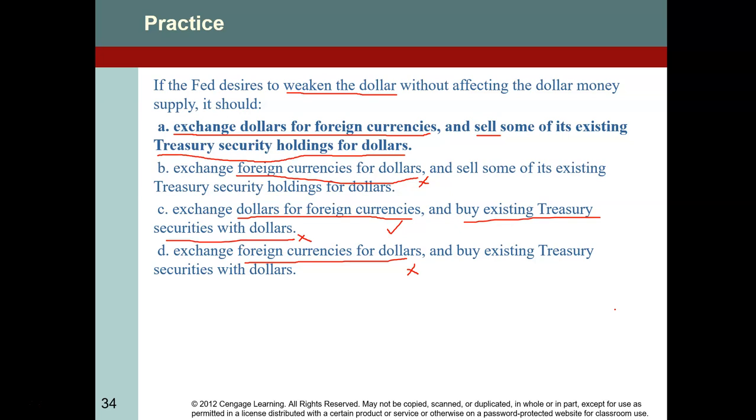We also discussed direct intervention, including non-sterilized and sterilized intervention of the government, to affect the exchange rate and the money supply. So this is the first part of chapter 6.